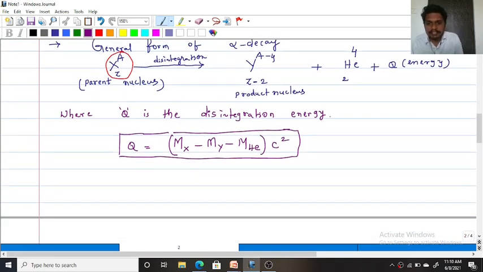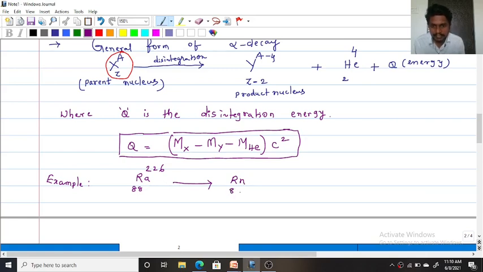Let us take one example of alpha decay. When radium, whose atomic number is 88 and mass number is 226, disintegrates, we get radon.